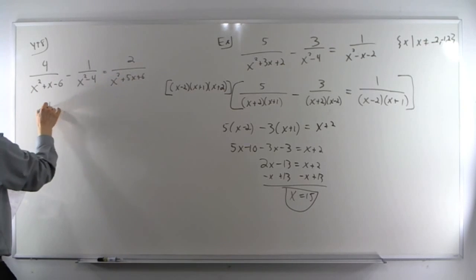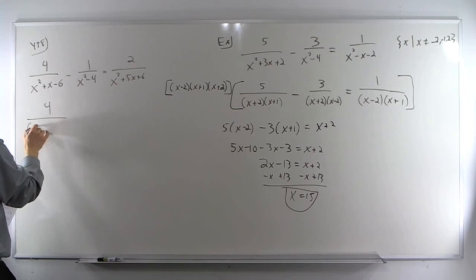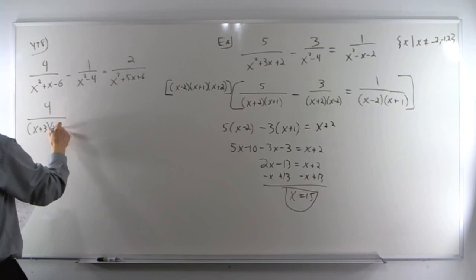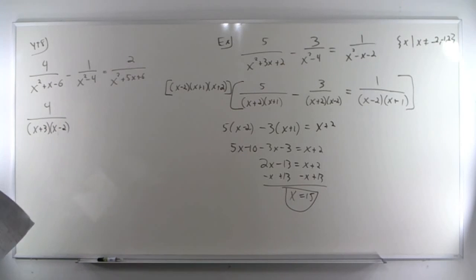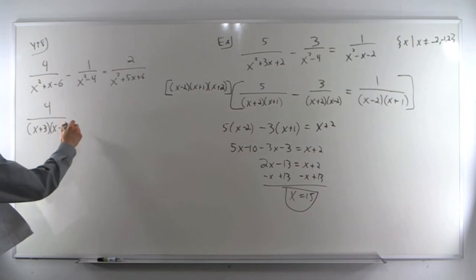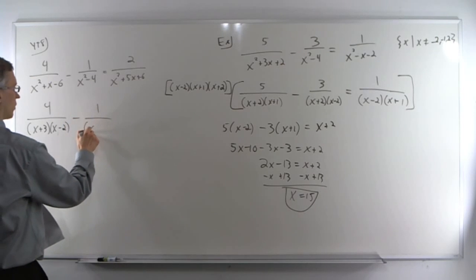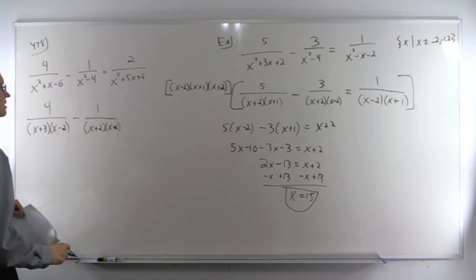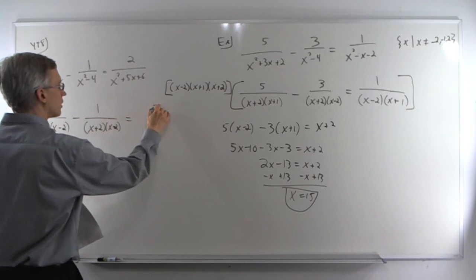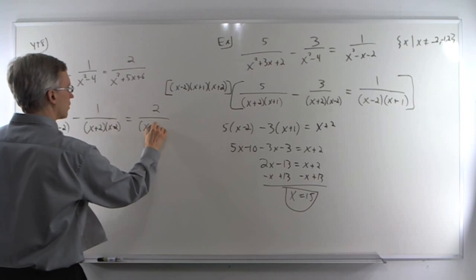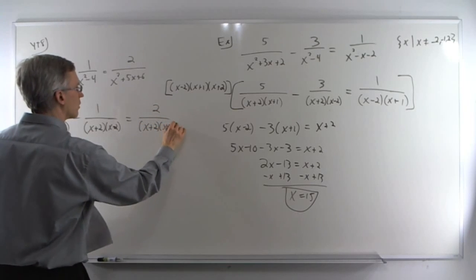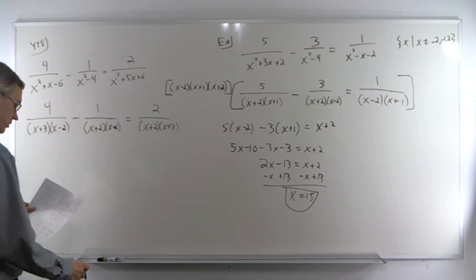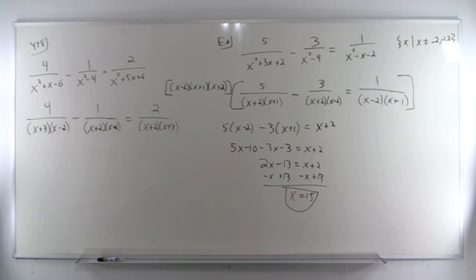All right, we're going to factor these. So this one factors into x plus 3, x minus 2. Difference of squares, x plus 2, x minus 2. And we got x plus 2, x plus 3. All right, our domain. Need a little bit more room here.